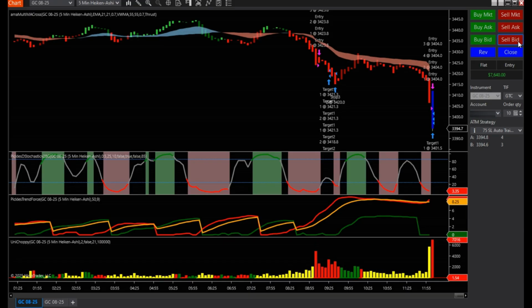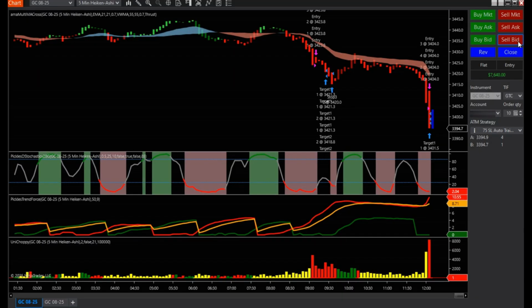My daily profit goal is $500, but depending on the trade, if the trend continues going in my direction and the trail just continues going, then sometimes I'll exceed $500.